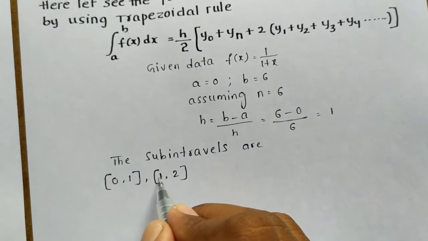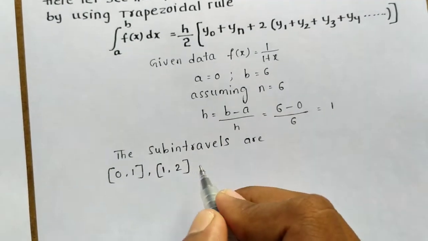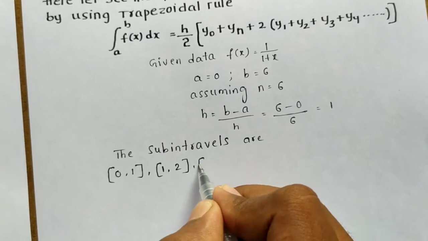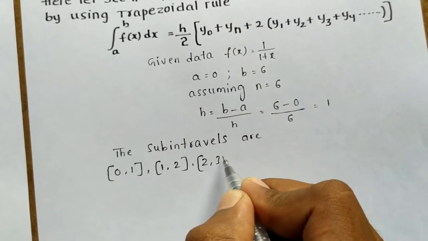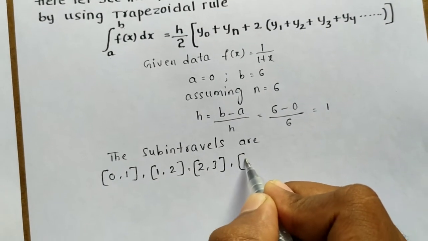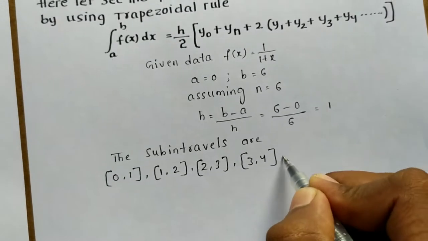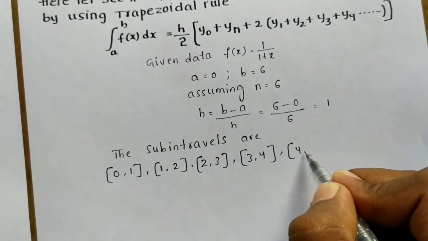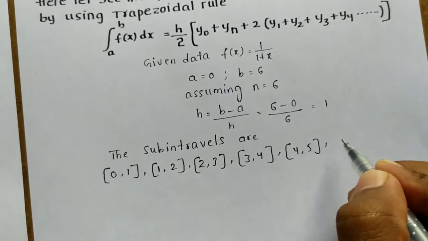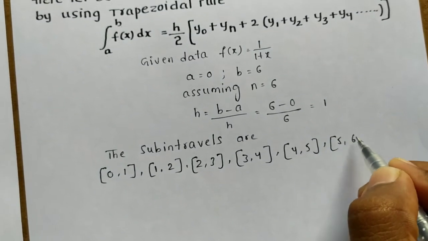Therefore the subintervals are: starting from a equals 0, 0 plus 1 gives 1, so the first subinterval is 0 to 1, and the next is 1 to 2. The difference is 1, since h is 1. The third is 2 to 3, the fourth is 3 to 4, the fifth is 4 to 5, and the sixth is 5 to 6.